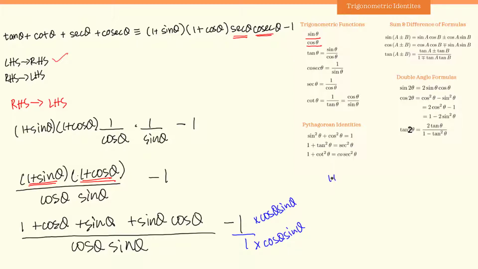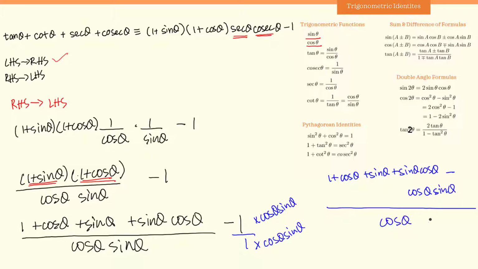So this would become 1 plus cosine theta plus sine theta plus sine theta cosine theta, and when minus 1 gets multiplied by cosine theta sine theta, this would be minus cosine theta sine theta, divided by cosine theta sine theta. Cosine theta sine theta can be written as sine theta cosine theta, so these two would cancel each other out, and I am left with 1 plus cosine theta plus sine theta divided by cosine of theta sine theta.